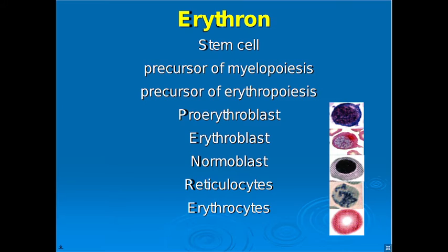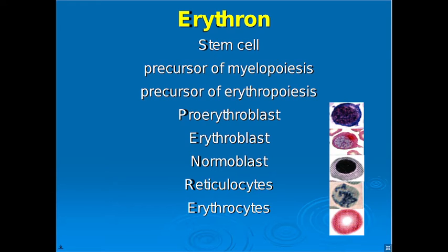Firstly, the stem cell, the precursor of myelopoiesis, the precursor of erythropoiesis, then intermediate stages of the red blood cells, not mature stages like pro-erythroblast, erythroblast, normoblast, which, as we can see, are associated with a nucleus within.